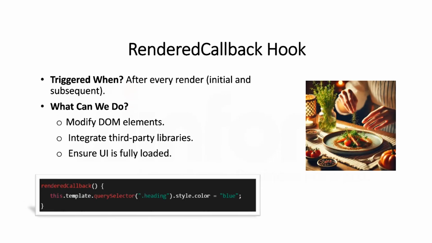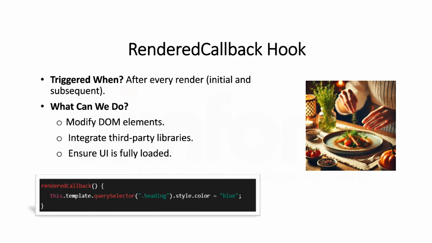And next, rendered callback. This runs after every render, initial and subsequent. We might want to tweak how it looks or how it behaves, maybe the functionality or the user interface of the component. This is where the rendered callback comes in. Imagine you're cooking pasta: checking if the pasta is cooked, adjusting the seasoning like salt or any other masalas, and garnishing the dish before serving, right?